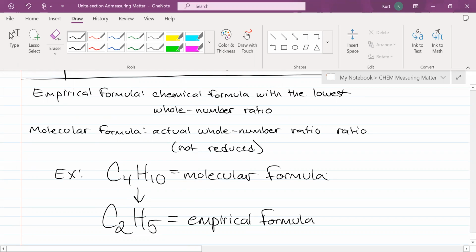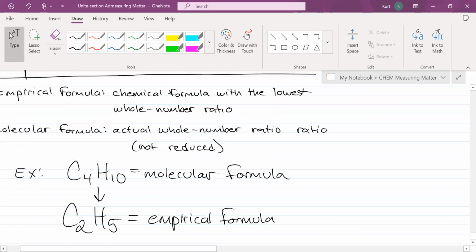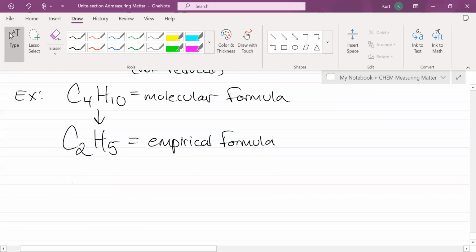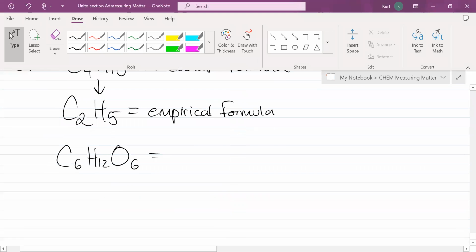I'll give you one more. How many of you remember what the formula for glucose is? What is glucose? Do you recall? Nicole? C6H12O6. That's glucose. Can that be reduced? To what? Now, do we say C1?